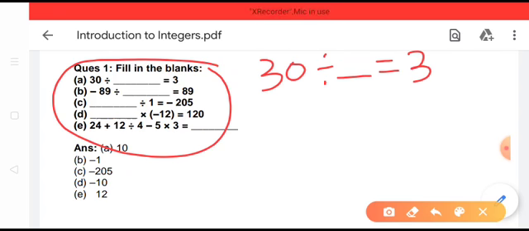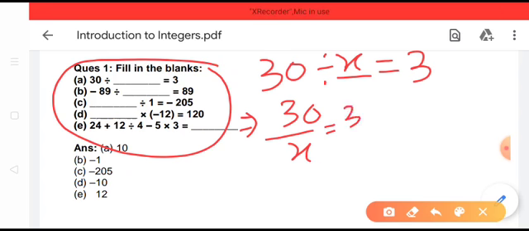Now we think from which number we divide 30, so we get 3. We consider there is an x. We can also write it as 30 by x is equal to 3 by 1.